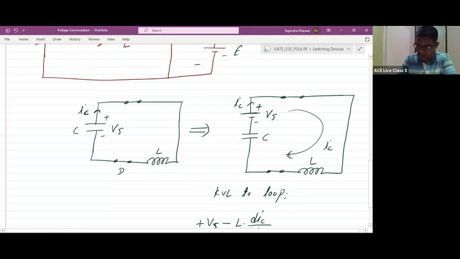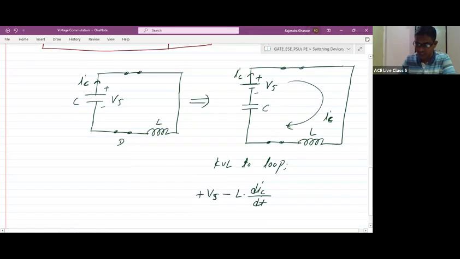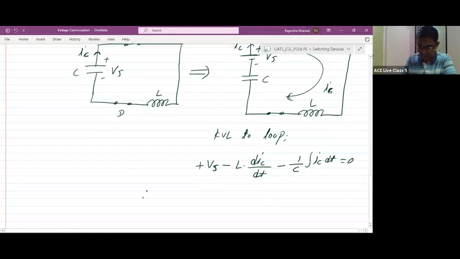So that's why it is dIC by dt, the capacitor discharging in this loop, minus 1 by C integration of IC dt is equal to 0. Now we can write Vs is equal to L into dIC by dt plus 1 by C integration of IC dt.